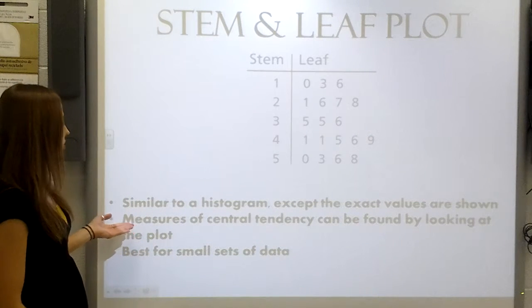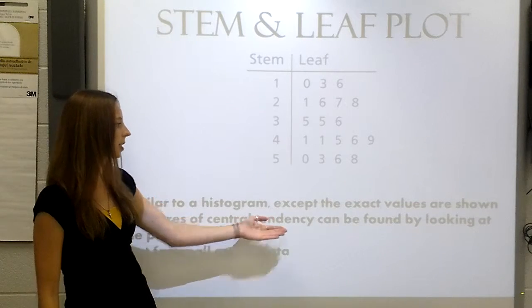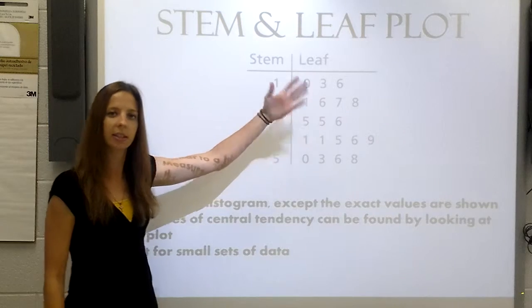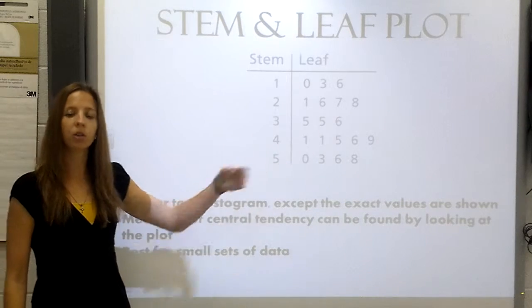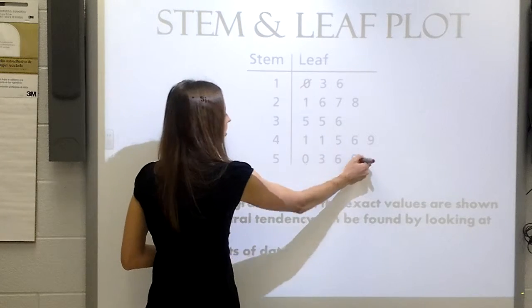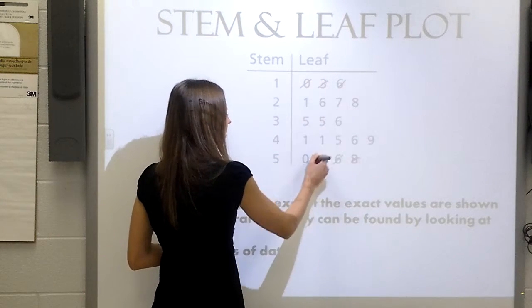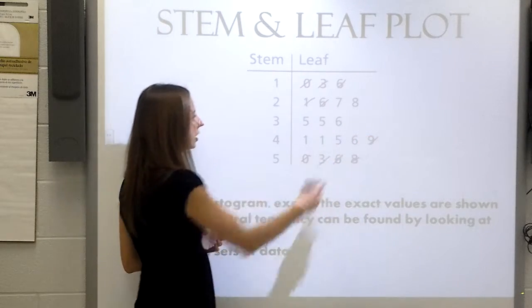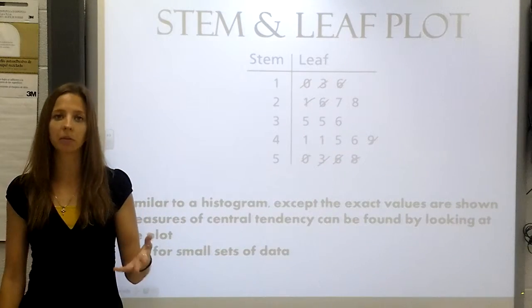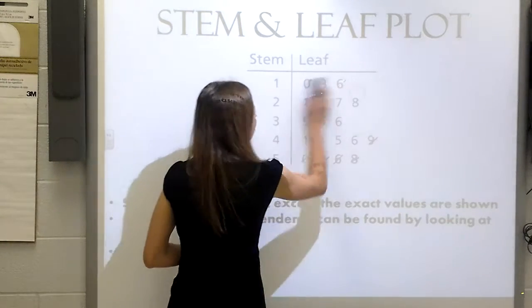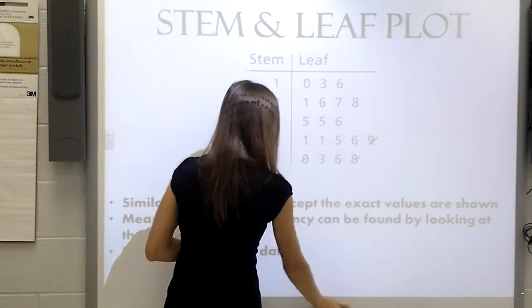You can also determine your measures of central tendency. So if we were to add 10 plus 13 plus 16, etc., divide it out, you would get your mean. Similar to the cross cancellation, if we continue to do that, we would then find our median. And once again, we can determine the mode, we just have to find repeating numbers.